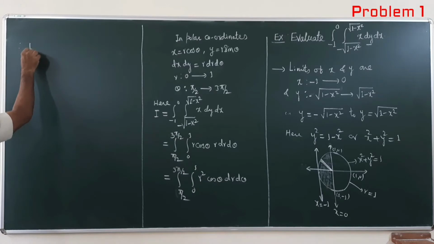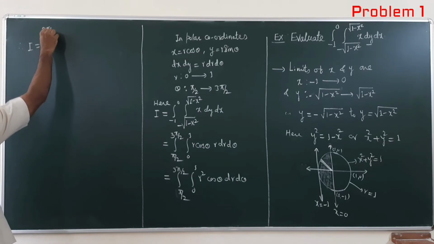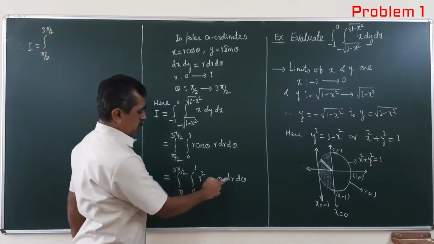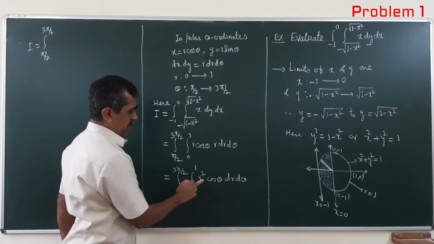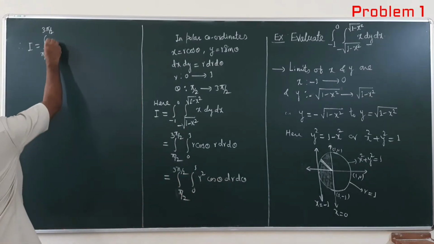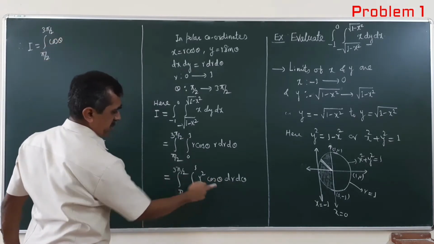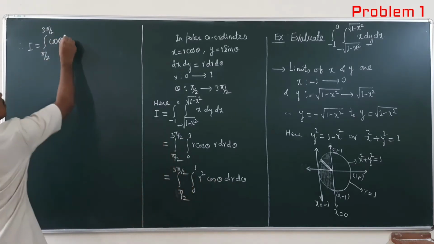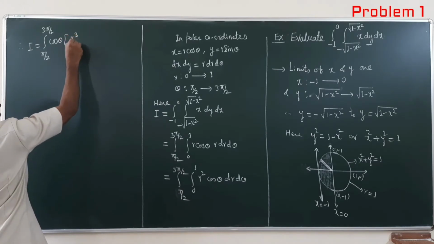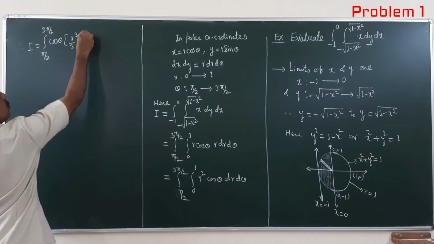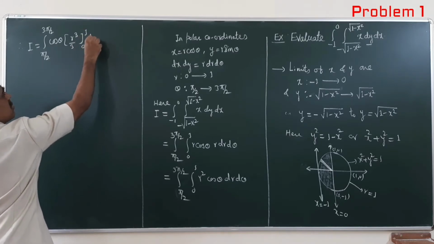Therefore I is equal to integral pi by 2 to 3 pi by 2. Now with respect to r, cos theta is a constant, so I will take cos theta outside, and the integral of r square is r cube by 3 over 0 to 1, d theta.